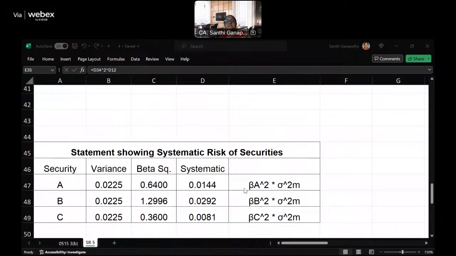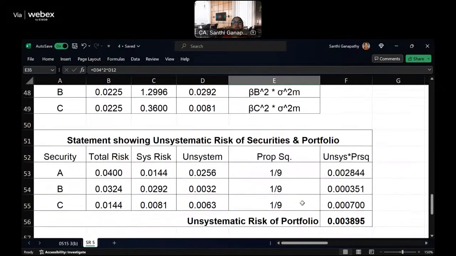Market variance multiplied by beta squared will give me systematic risk. Then unsystematic risk.